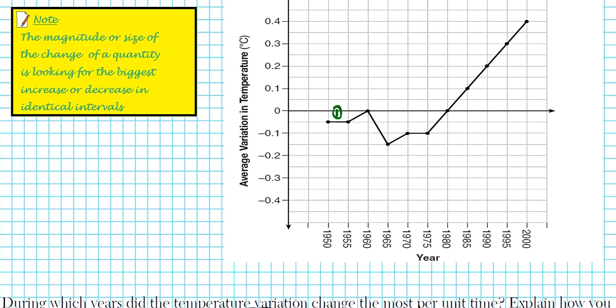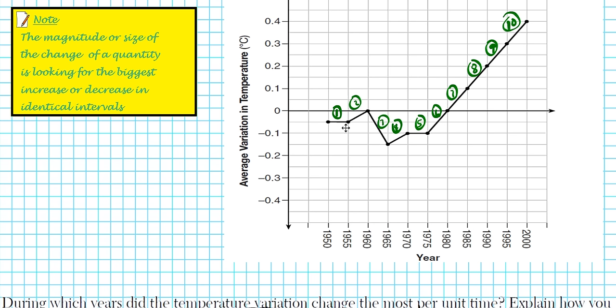So this is interval 1, 2, 3, 4, 5, 6, 7, 8, 9, 10. You might think that you have a lot of intervals to look at, but it's nice because from interval 6 to 10, they all have identical slopes. So it should be easy to compute the rise there.